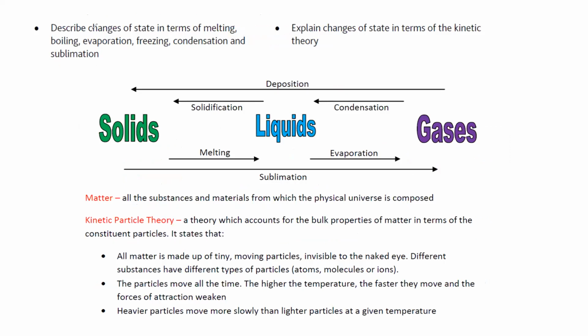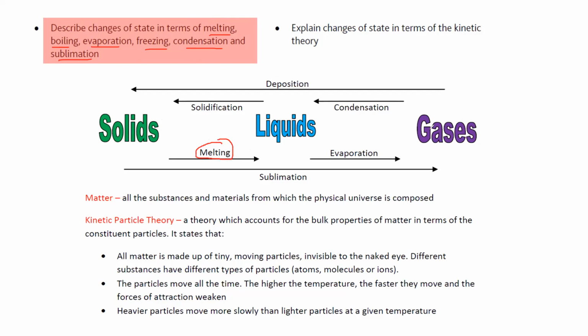Then the objective: describe the change in state in terms of melting, boiling, evaporation, freezing, condensation, and sublimation. What we call the change in state, for example, if we have a solid and the solid is converting into liquid, we call that melting.